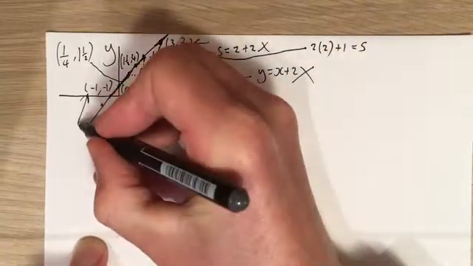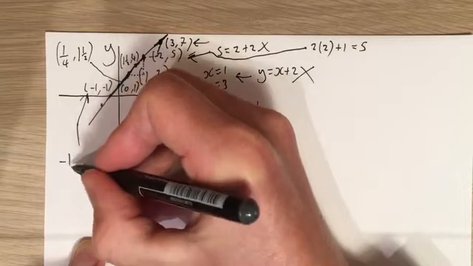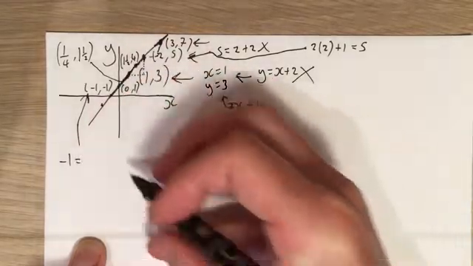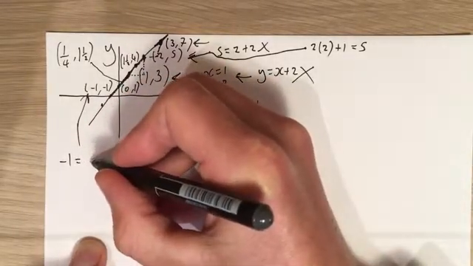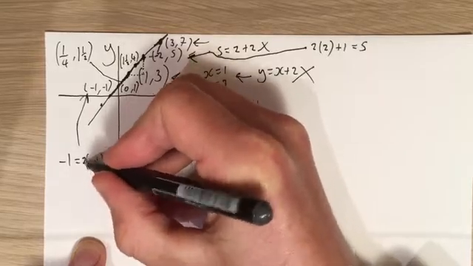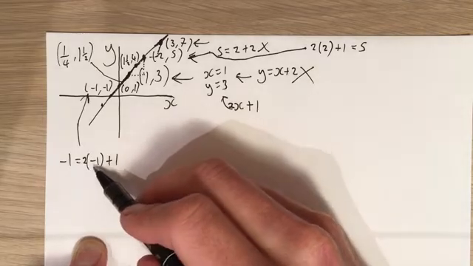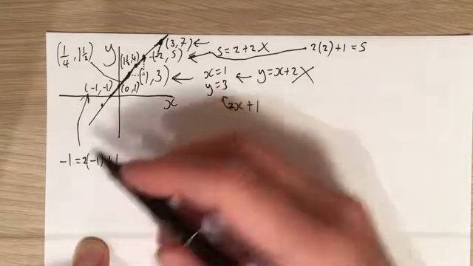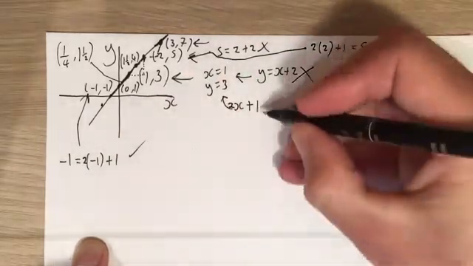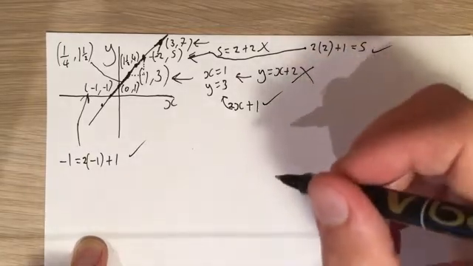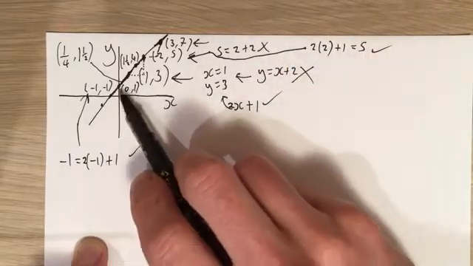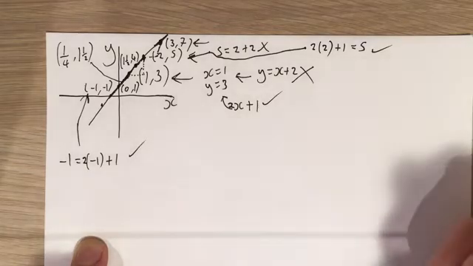Let's try here. Okay, y coordinate minus 1, does that equal 2 lots of the x, add 1? 2 times minus 1 is minus 2, add 1 is minus 1. So that works, and that works. This one actually works at every single point on this line you could ever imagine.